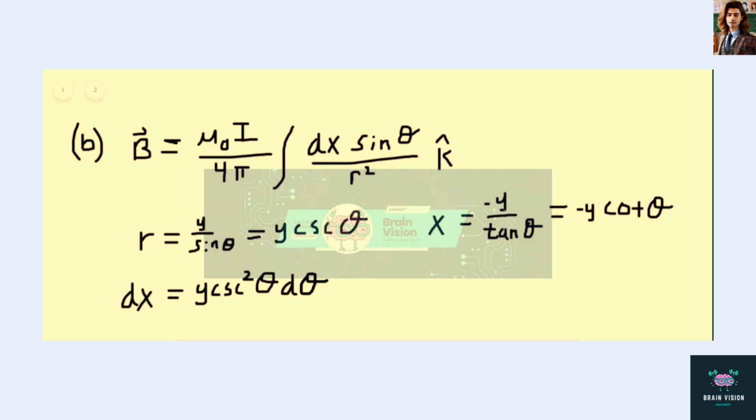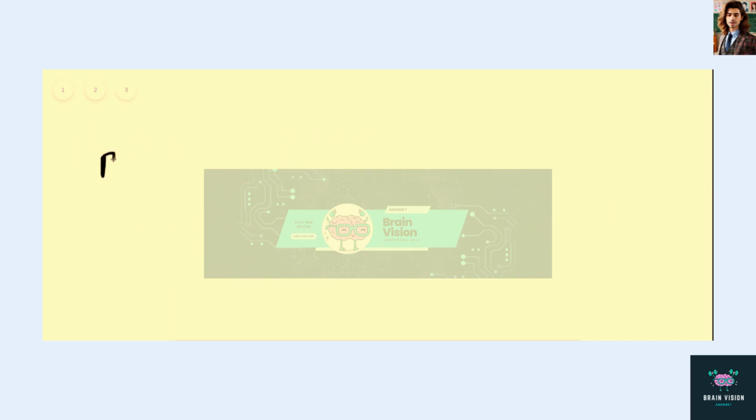Now we can plug this back in. We have an expression for r in terms of theta, and we have an expression for dx in terms of theta, so we can put everything inside the integral in terms of theta. We ran out of room on this page, but let's go ahead and do it on another page.